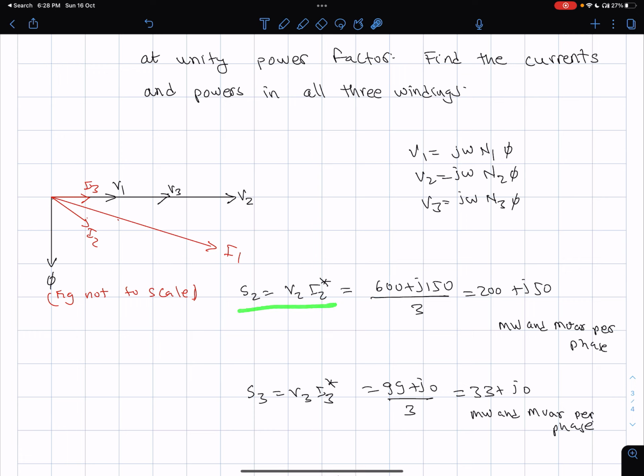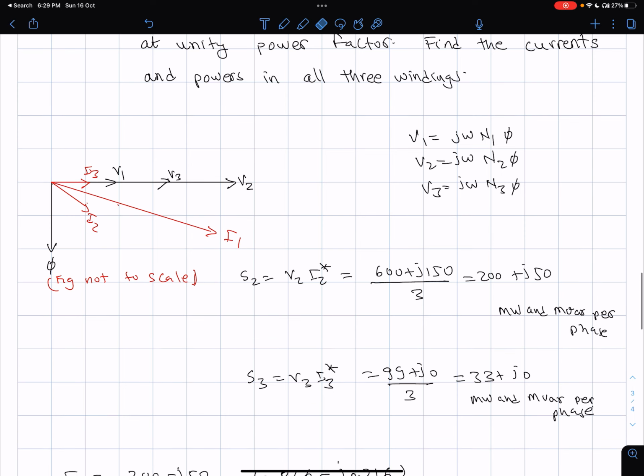The apparent power, which is complex power, coming out of winding 2 is S2 equals V2 I2 star, and this is a per phase value, right? You understand that whenever I write VI star, it is always a per phase value, but the load is actually 600 plus J150 megawatts, which is a 3-phase value. So I divide it by 3, and this is the megawatts and MVAR I get per phase.